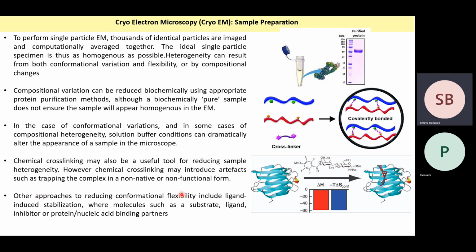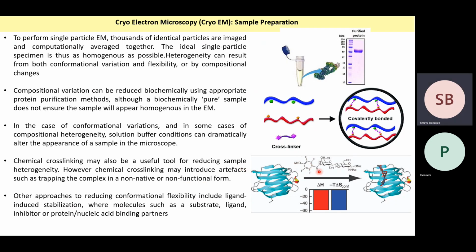The other approach to reduce the conformational flexibility is ligand-induced stabilization. Suppose you have this molecule, which has many antiparallel beta sheets. Suppose this molecule is not very conformationally stable, and it can go from a beta sheet to a non-beta sheet conformation.